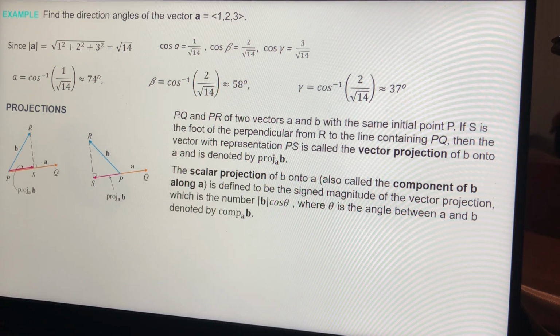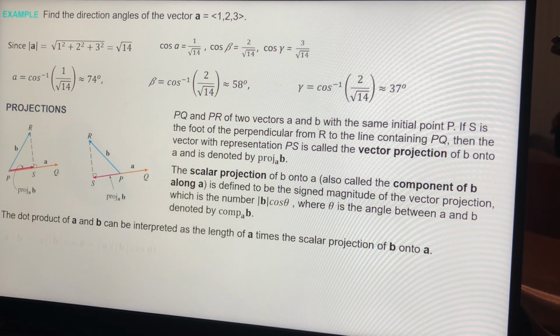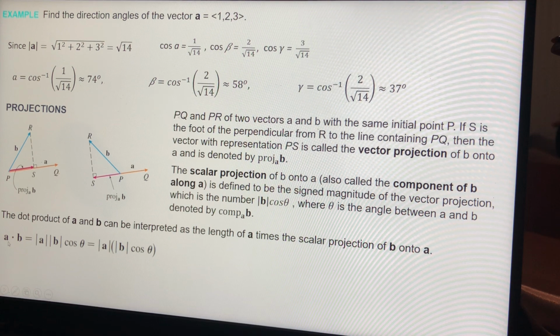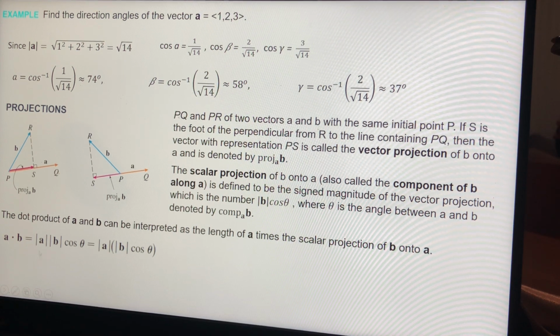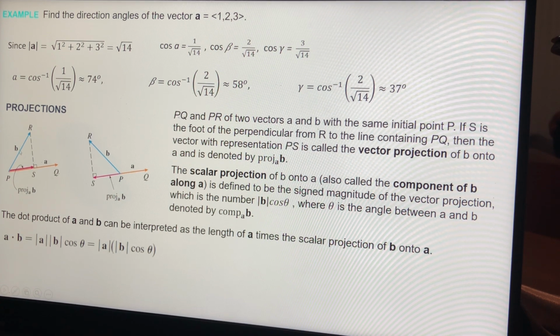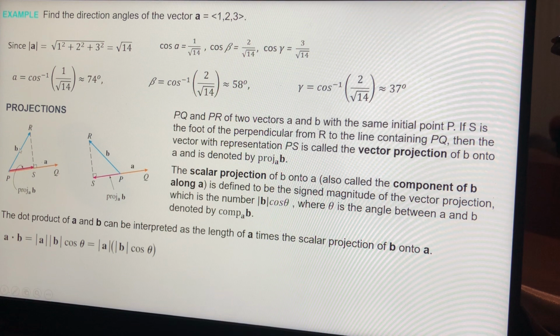And how do we find this? We can talk about the scalar projection and the vector projection. The scalar projection again comes from the dot product. You know that A dot B is the length of A, length of B, cosine theta. And from there, this B cosine theta, as you can see, this is the B, and this is the B cosine theta component of this vector.